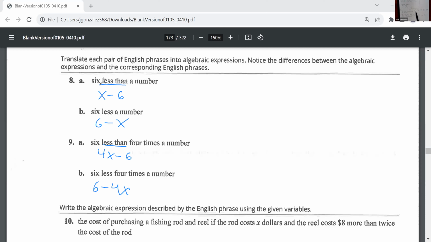Is it all right? The reversing? The opposite. Pretty much, yeah. That's the best way to think about it.